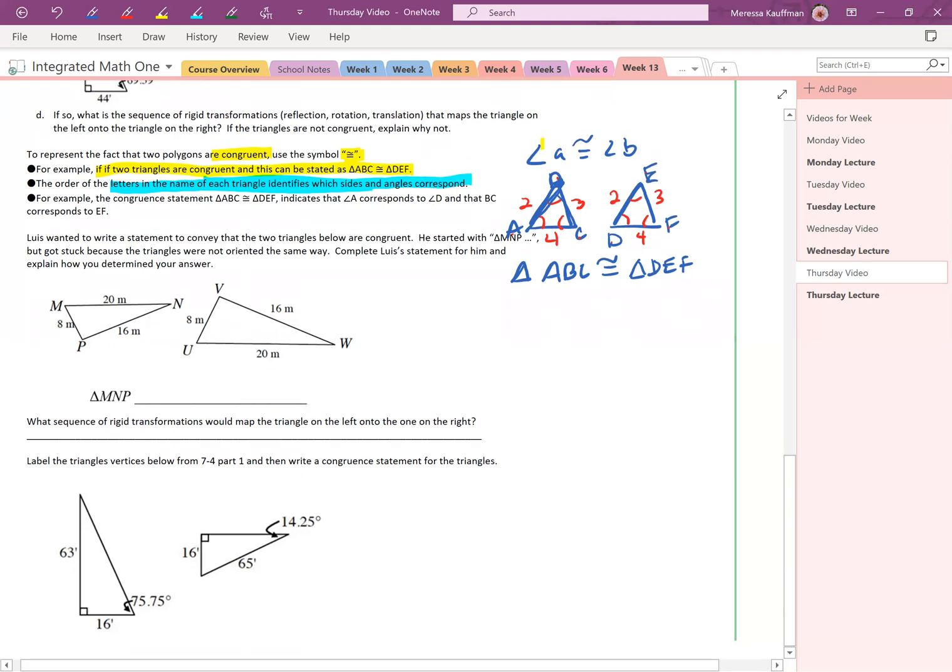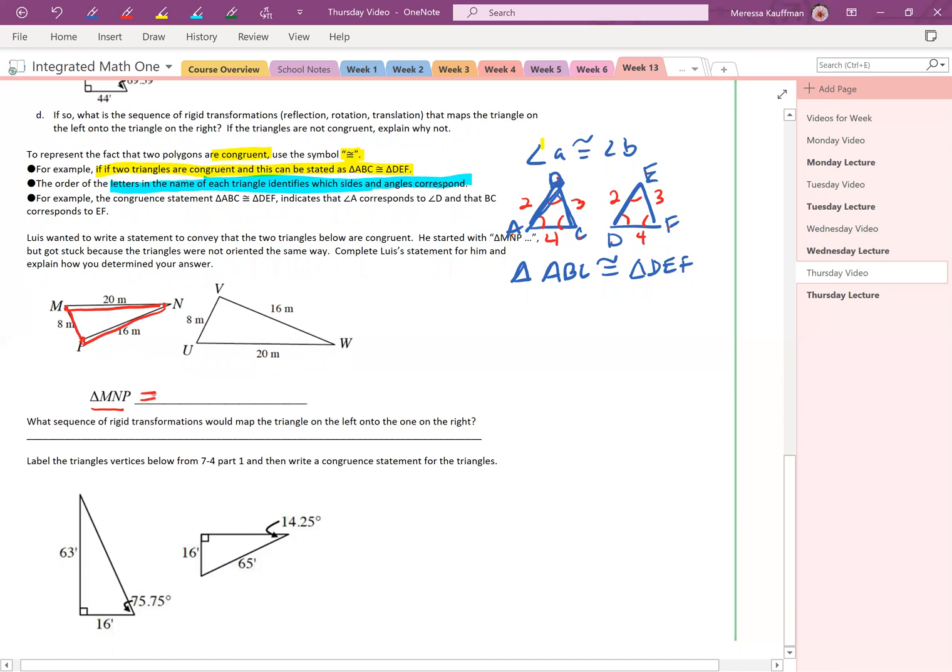So I'm going to do this one with you. Luke wants to write a statement to convey the two triangles are congruent. If he starts with this triangle MNP, so here it is, M, N, then P. So it's the 20 meters first, then the 16, then the 8.